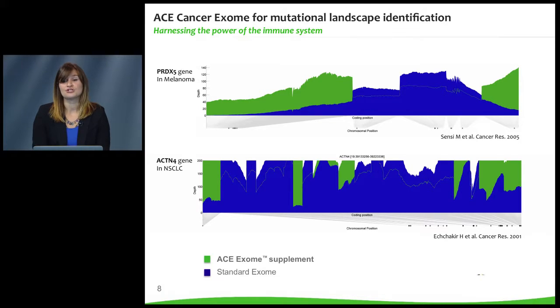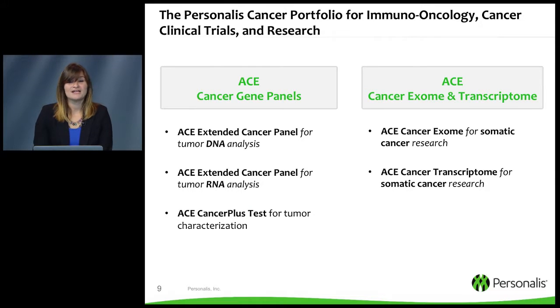Both of these genes have been shown to carry somatic mutations that may contribute to the mutational load in these types of cancers. And again, variants residing in green regions would be missed with the standard exome, but with our ACE exome filling in these gaps, we can now get a true representation of the genomic landscape for each cancer sample.